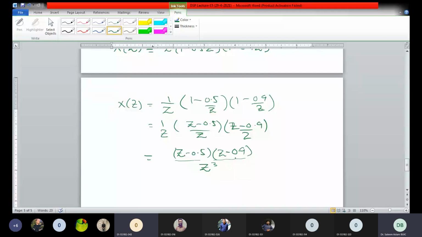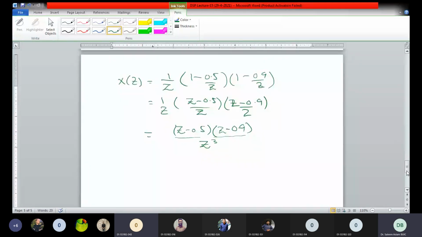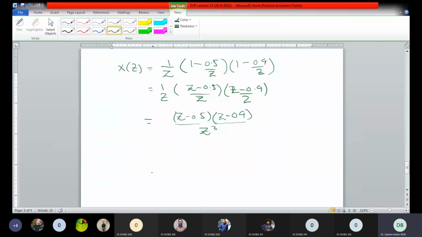So if we try to plot its pole-zero plot, as I said earlier, it has poles only at Z equal to 0. So actually we have 3 poles at Z equal to 0. This is third order.